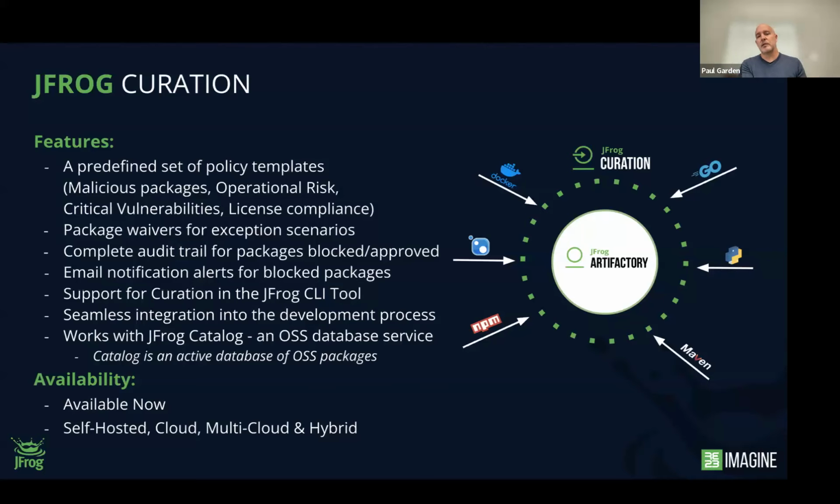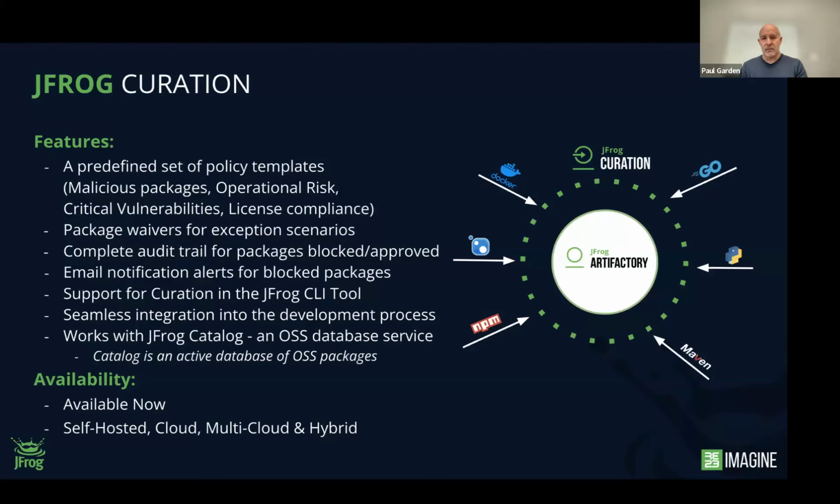So when a developer is pulling a package in, Catalog already understands whether that package is known to be malicious, whether it's got a known CVE, how well it's maintained, how old it is. So that way we can very efficiently and almost in the background do the checking of these packages as they're being pulled in by developers. So Catalog is a very powerful database that sits behind the JFrog Curation.